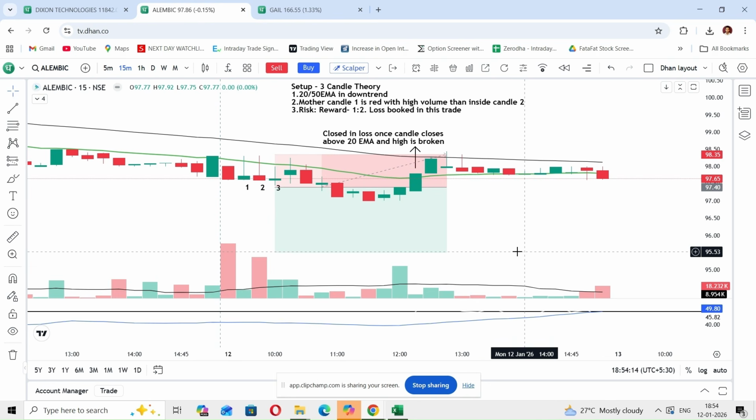It got hit. So here also my SL got hit. But the good thing is that my loss was within limit. The original loss would have been much higher, which I reduced by our rule.